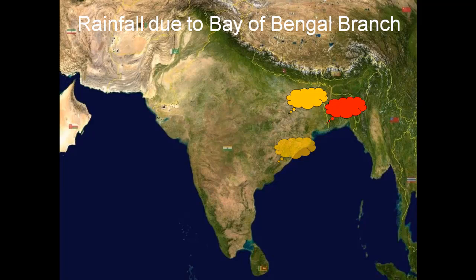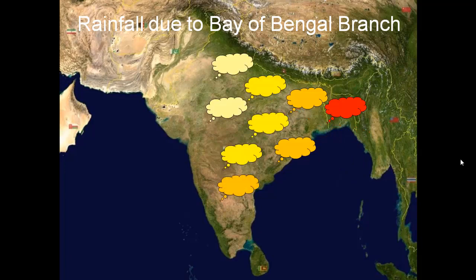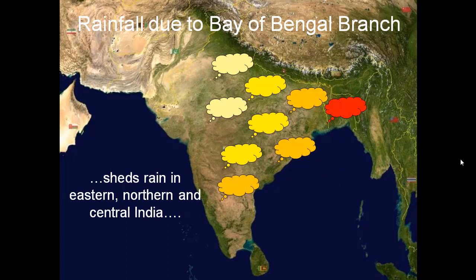The Bay of Bengal branch enters into the Indian mainland from West Bengal. It primarily gets deflected due to the Arakan Yoma ranges and enters into the Indian subcontinent. As you can see, the color codes represent that the intensity of rainfall decreases towards the interior part of the Indian subcontinent.